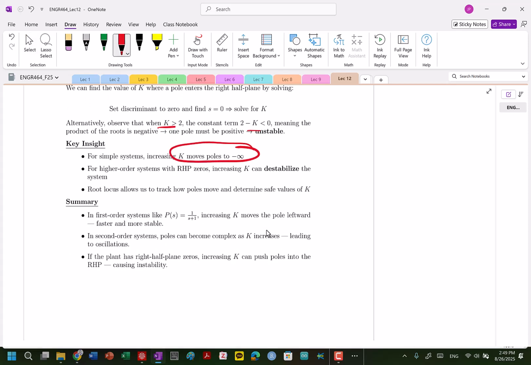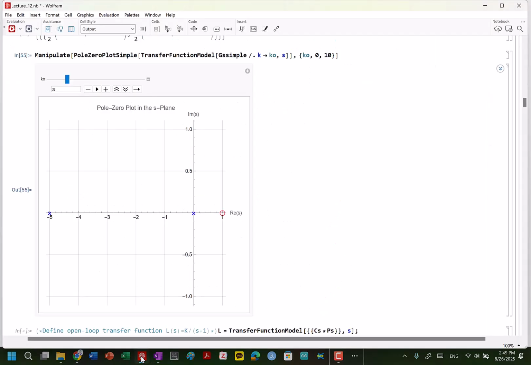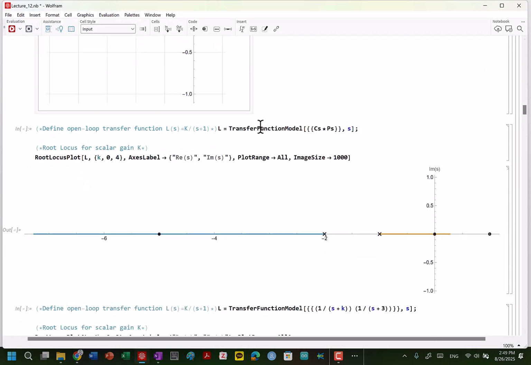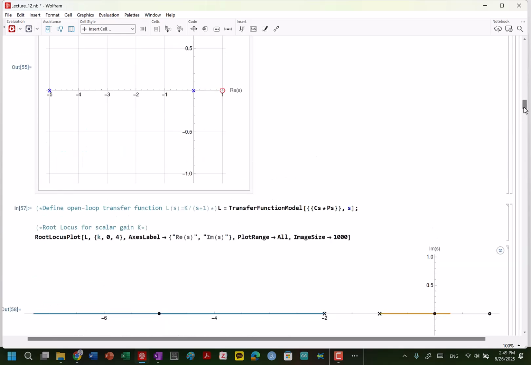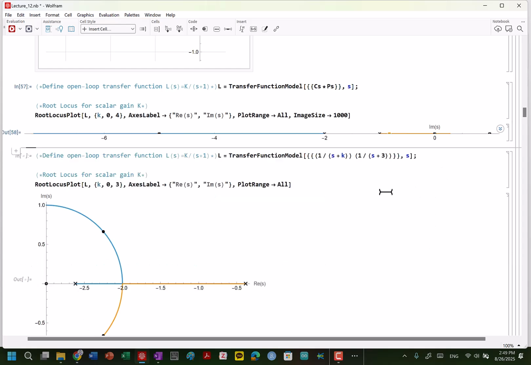We can increase that k. This is kind of for the other systems. We can destabilize the system, and we can look at it on the root locus as well. The root locus, I really like to visualize this here. So again, same idea, right? Even as you're increasing, this one is going to minus infinity, but this one is starting to go into that right half plane.